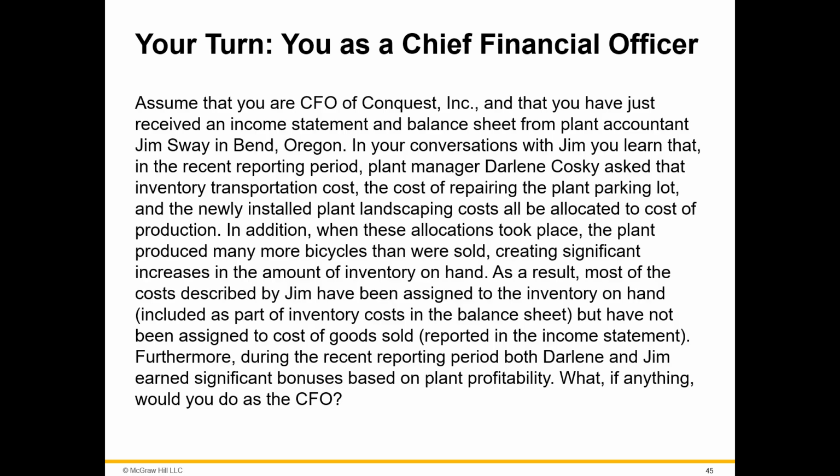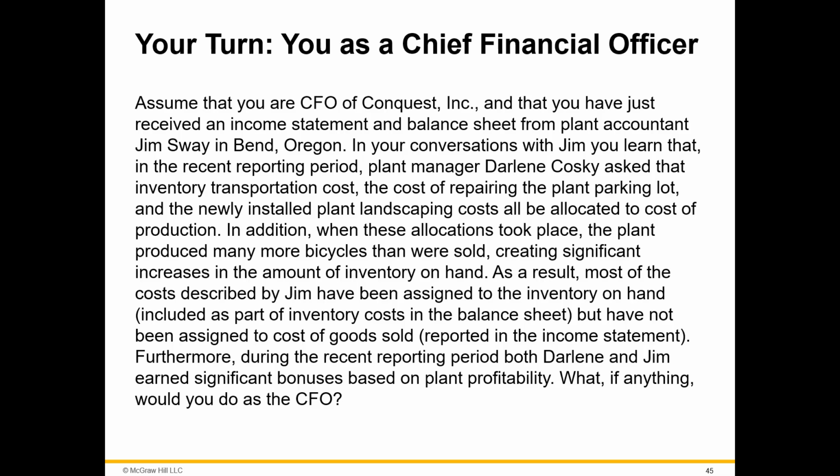In addition, when these allocations took place, the plant produced more bicycles than were sold, creating significant increases in the amount of inventory on hand. As a result, most of the costs described by Jim have been assigned to the inventory on hand, but have not been assigned to cost of goods sold. Furthermore, during the recent reporting period, both Darlene and Jim earned significant bonuses based on plant profitability. What, if anything, would you do as the CFO?